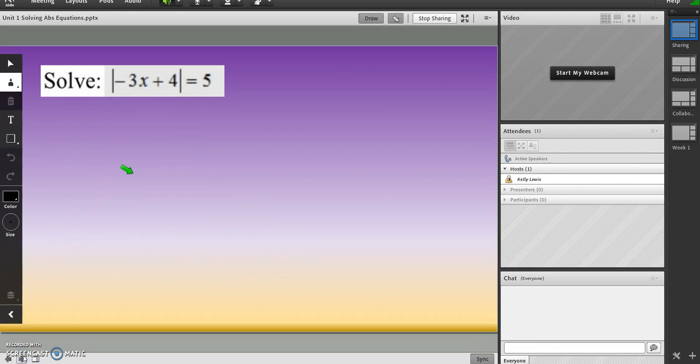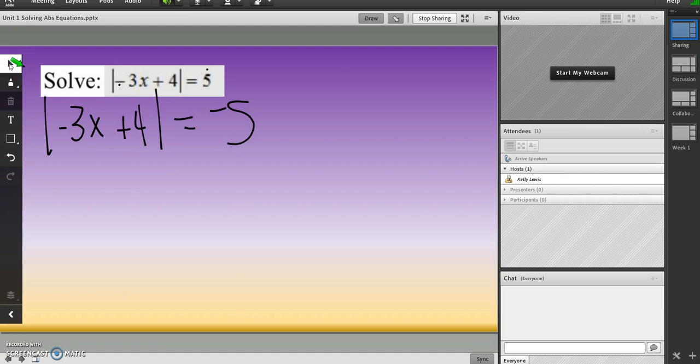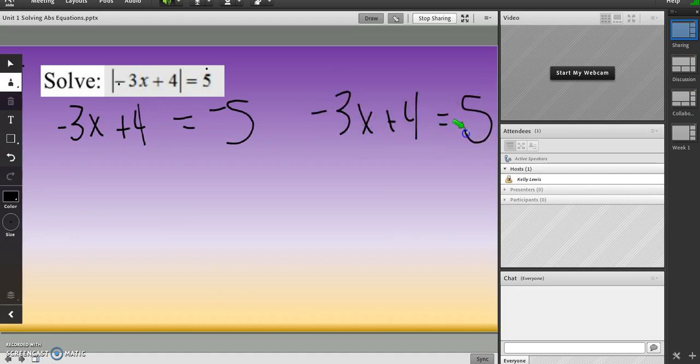Let's do this guy. So it's okay that there's a negative inside because it doesn't equal a negative number. So we're going to do negative 3x plus 4 equals negative 5, and then negative 3x plus 4 equals positive 5.